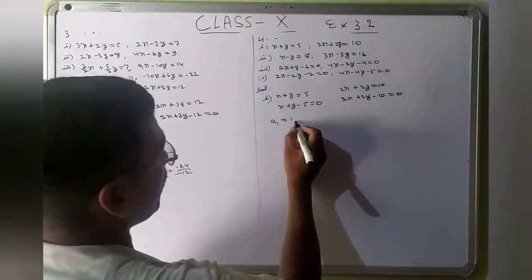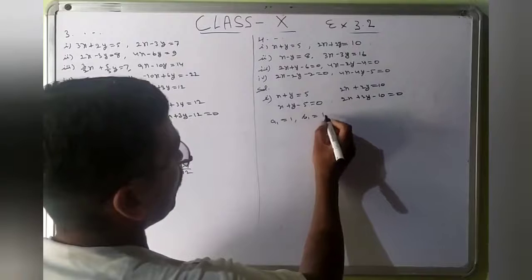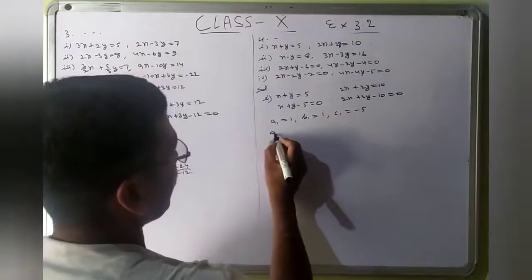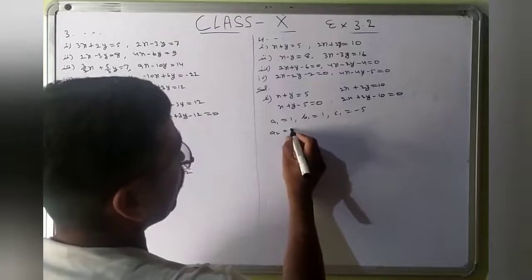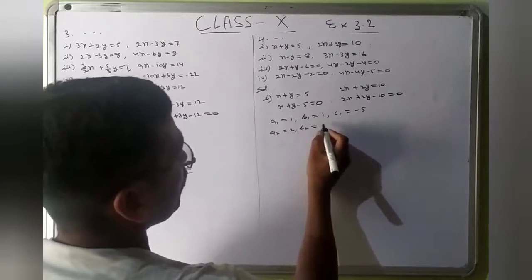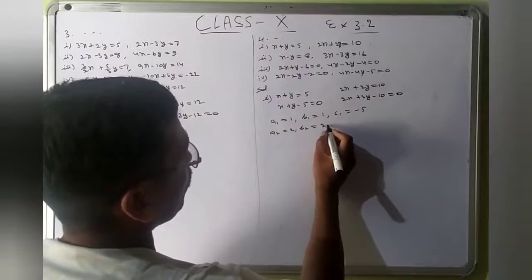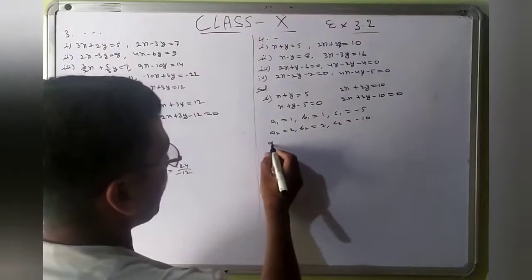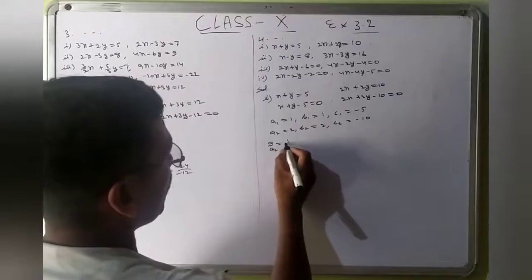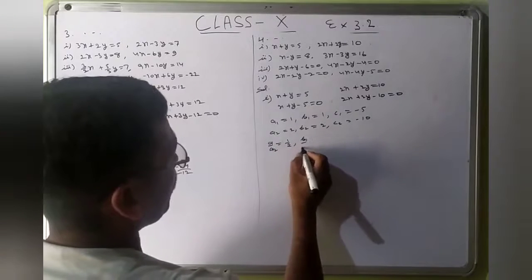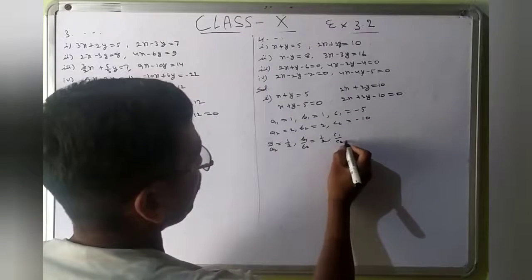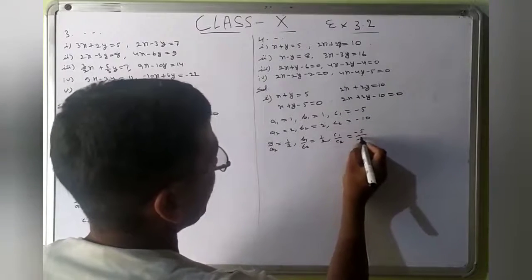So a1 is equal to 1, b1 is equal to 1, c1 is equal to minus 5, a2 is equal to 2, b2 is equal to 2, c2 is equal to minus 10. So a1 upon a2 is equal to 1 upon 2, b1 upon b2 is equal to 1 upon 2, c1 upon c2 is equal to minus 5 upon minus 10.